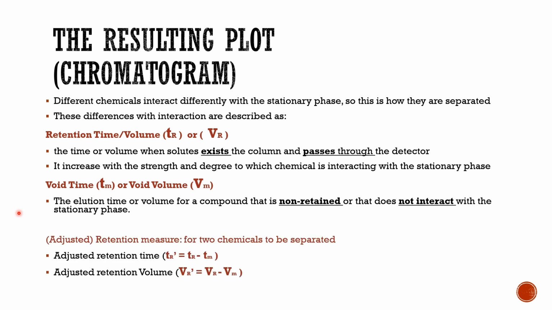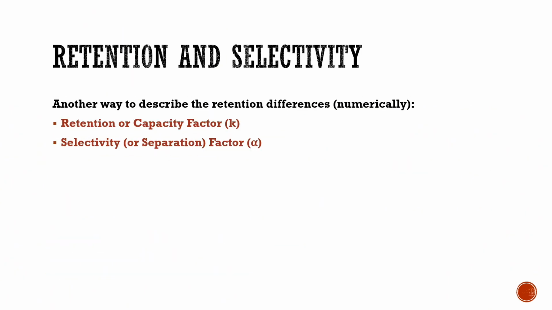So we can also take a measure of adjusted retention based on knowing these values for two chemicals to be separated, where adjusted retention time is the difference between the retention time and the void time, and the adjusted retention volume is the difference between the retention volume and the void volume. So this is one form of describing the retention and interaction of a compound with the chromatography system.